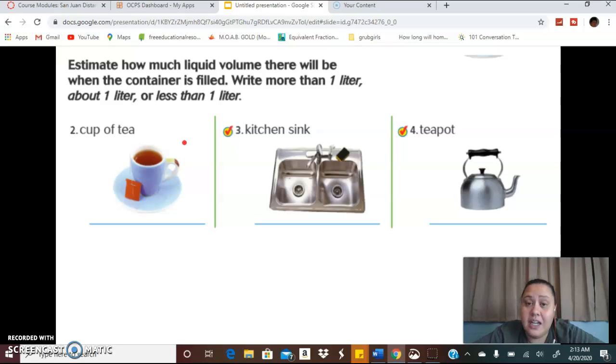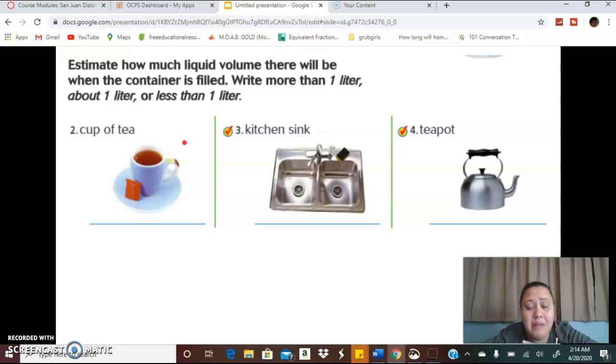Now look at the kitchen sink as an example, example number 2. Obviously, I can fit tons of water bottles in there. If you just imagine, it's going to take a lot of water to fill both of those sinks up. So we know it's not about 1 liter. It's definitely not less than a liter, because I would not want to take a dropper and drop water there. I would be there forever. So then we know for sure that a sink would be more than a liter.